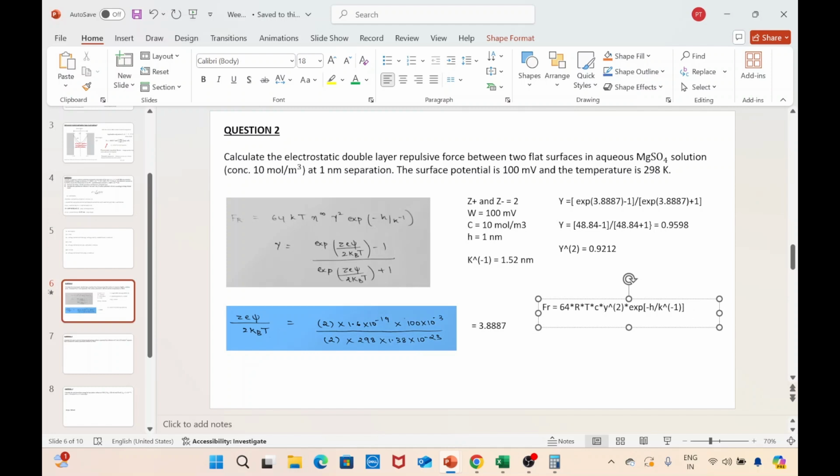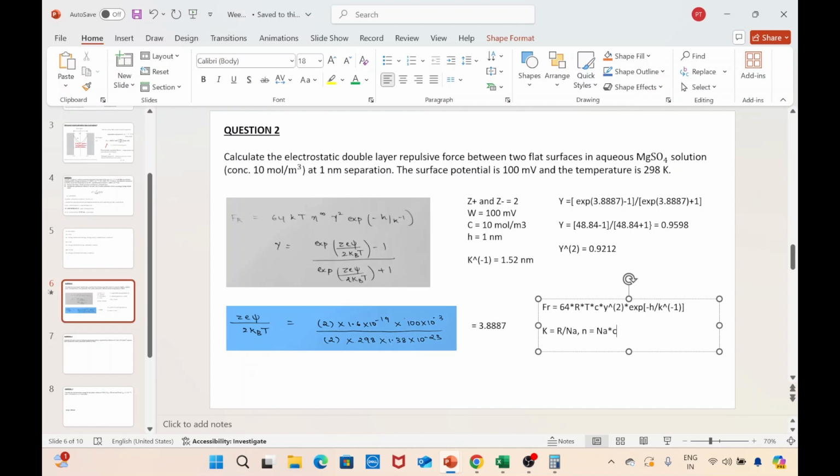So let me write that: k is nothing but your Boltzmann's constant. K can be written as R, that is your universal gas constant, by Na, Avogadro number, and your N infinity can be written as Na times C infinity or C.